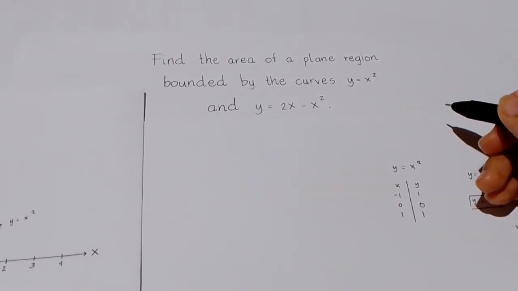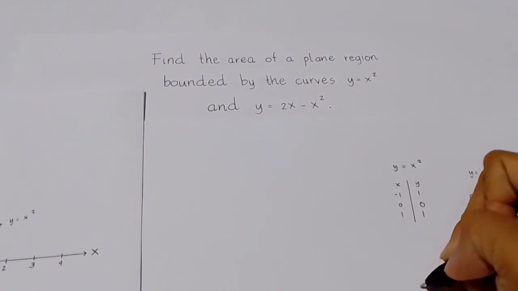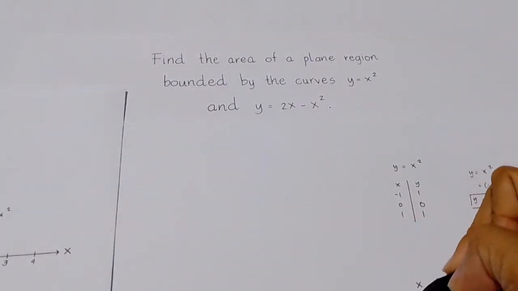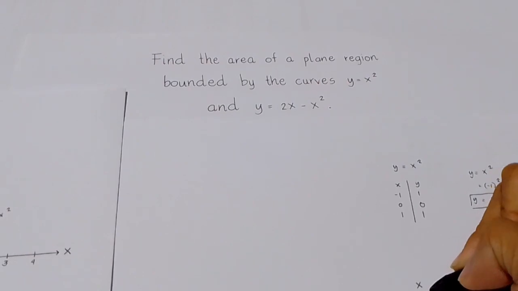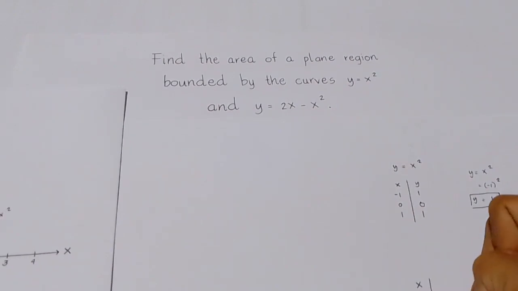So apply the same process. Suppose that we have x is equal to -1, 0, 1, and 2.